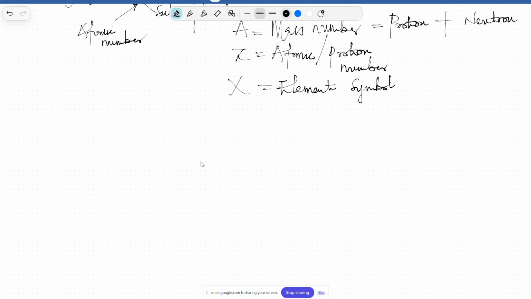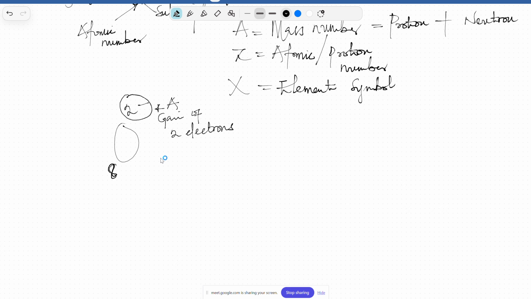So let's take for example, this is oxygen, 8. At times you can see oxygen like this, O2 minus. That 2 minus indicates a gain of 2 electrons.